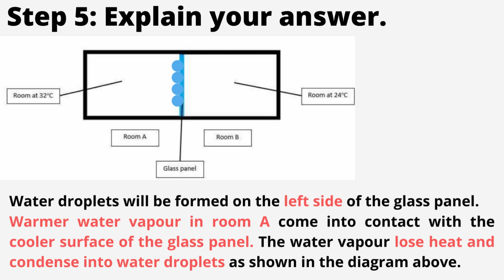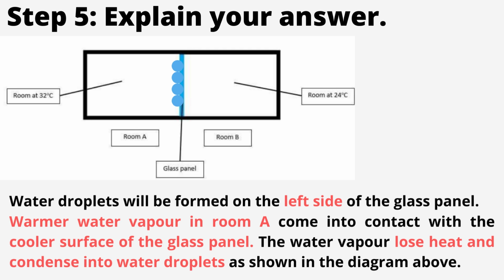We have to state that warmer water vapor in room A will come into contact with the cooler surface of the glass panel, and the water vapor will lose heat and condense into water droplets. So we have explained the whole process of condensation. The words highlighted in red are the key points that you need to be very precise in explaining your answers.